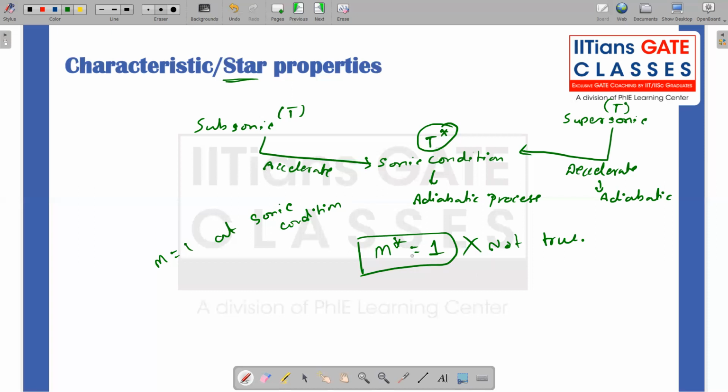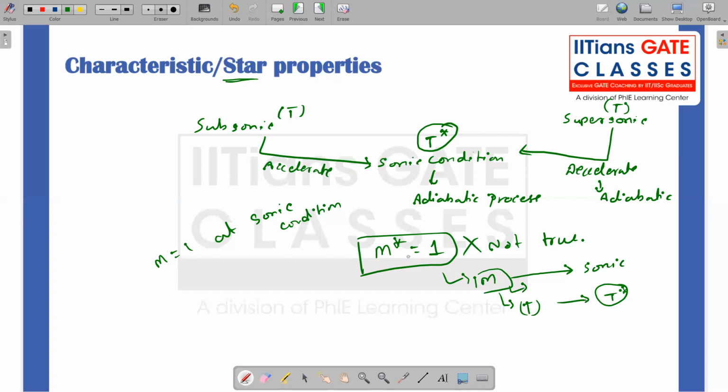When I define my characteristic Mach number for a given Mach number M, it is not necessary that it is 1, because my M is different and it is a defined quantity. This Mach number is defined for some temperature T, and this is going to T star. So if I define it this way, then this Mach number can be different.